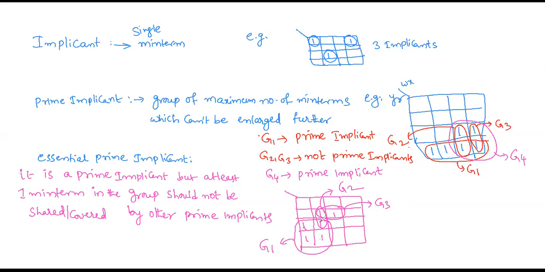So G1 is an essential prime implicant. Similarly, look at G3. G3 has 2 minterms, but this minterm is not shared by any other group. So G3 is also an essential prime implicant. G1 and G3 are essential prime implicants.